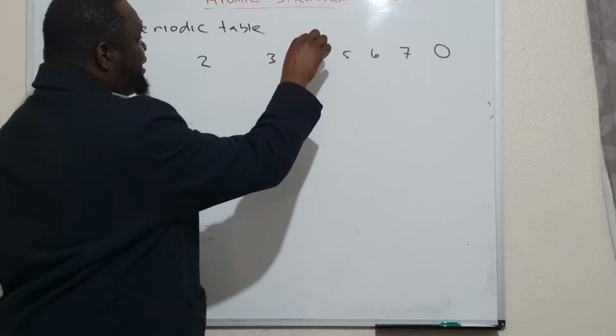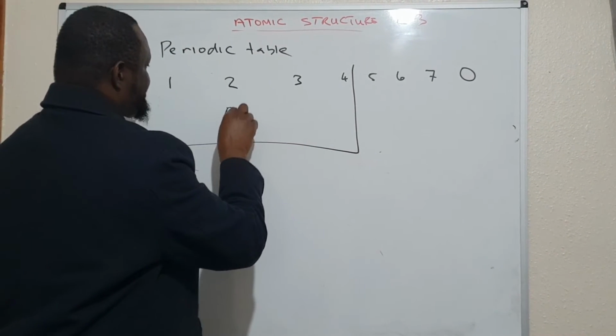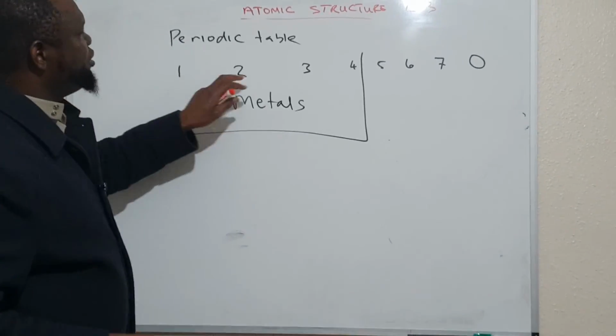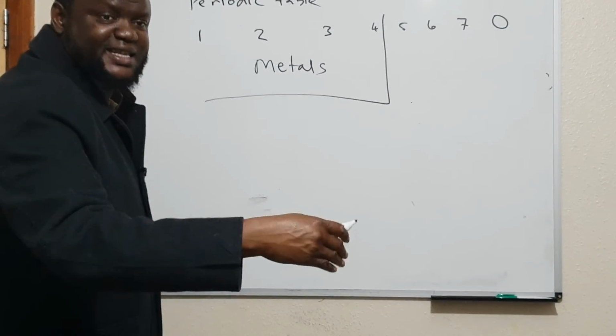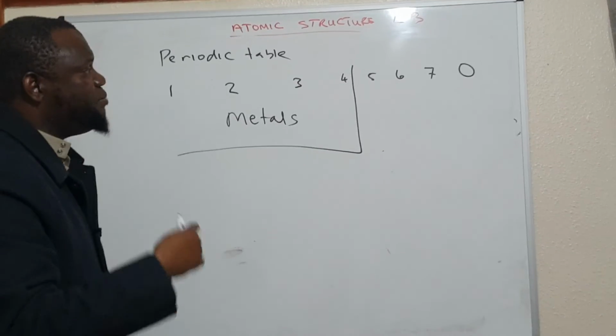Now, those here, we can safely say that they are called metals. Those in group 1, 2, 3 are called metals because they can donate electrons. They have fewer than 6 in their outermost shell.